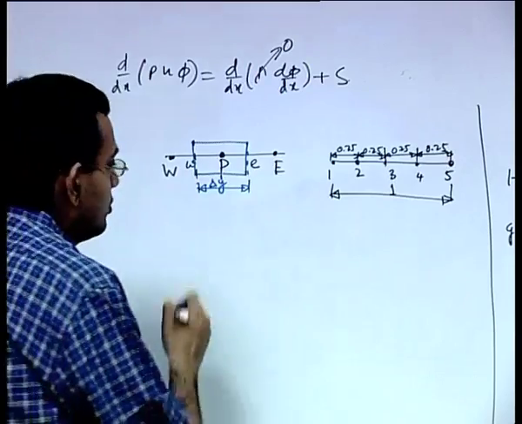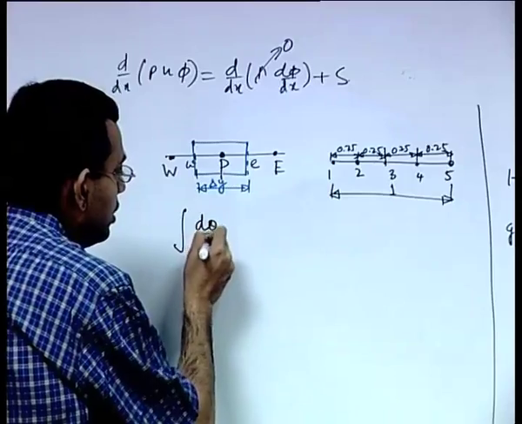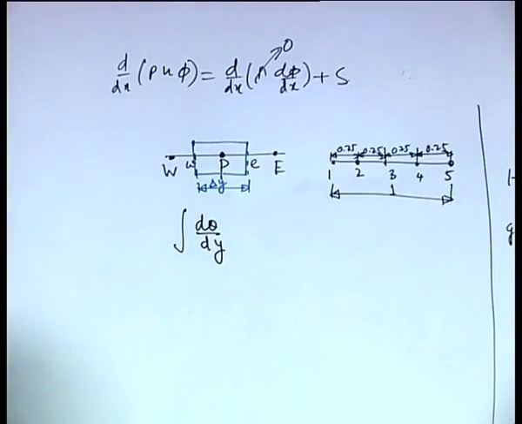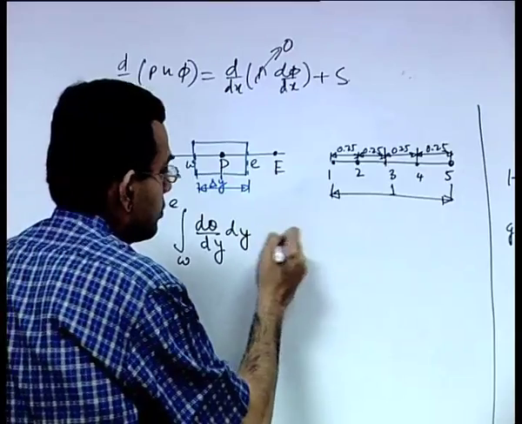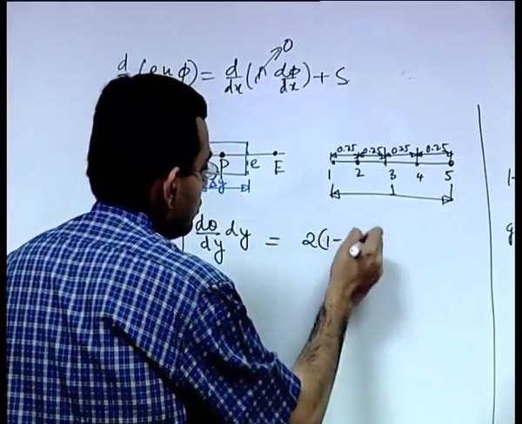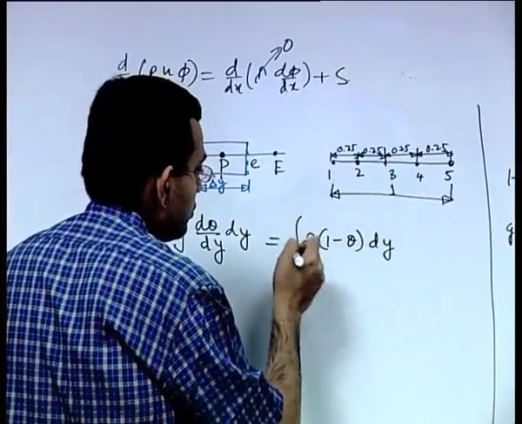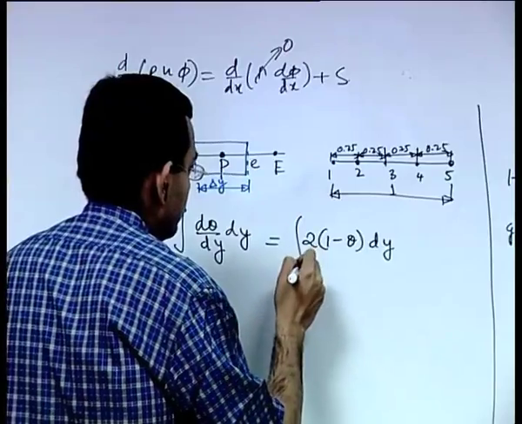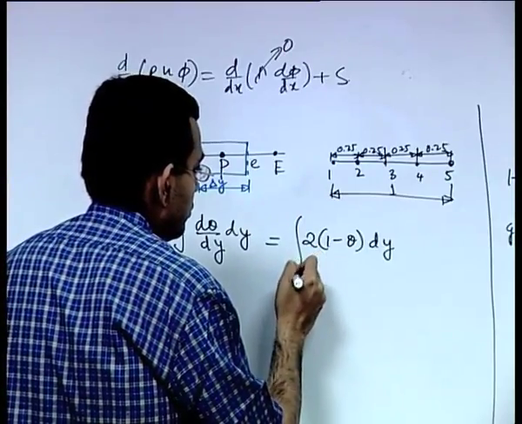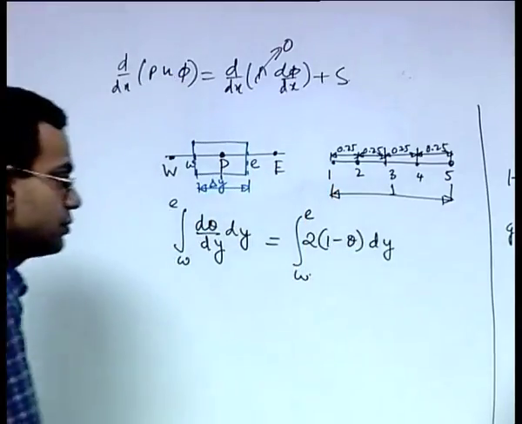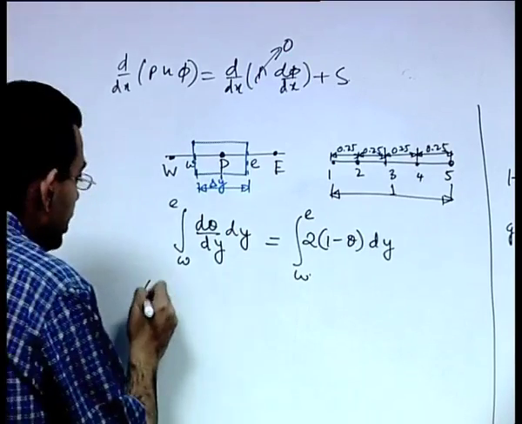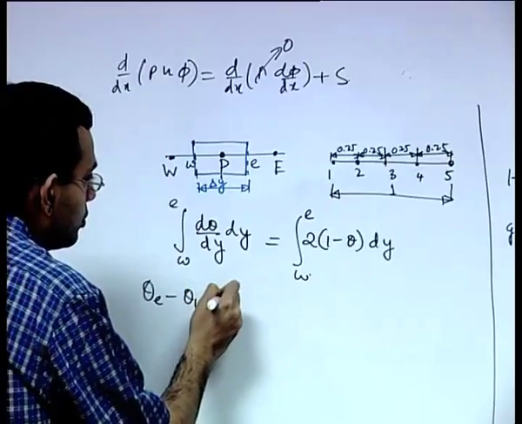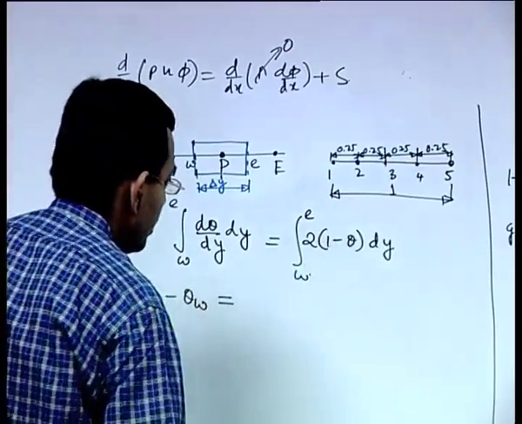So we integrate d theta dy with respect to y from small w to small e. So theta small e minus theta small w equal to this integral.